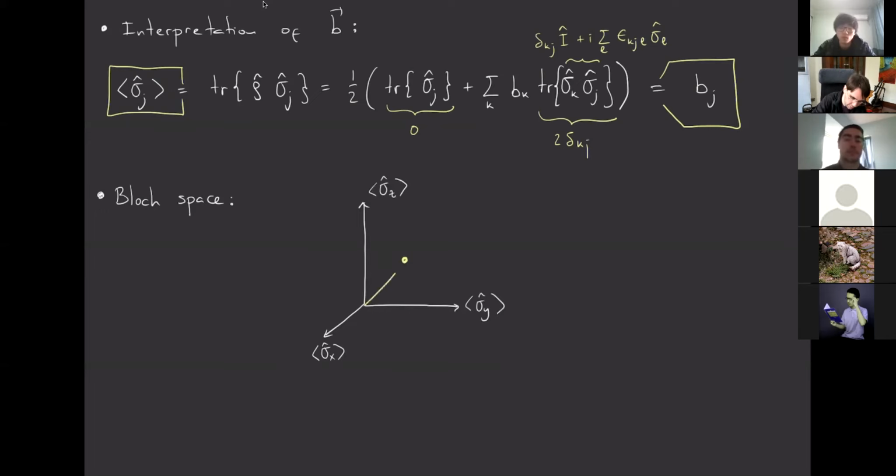In particular, this B is exactly that vector, and it gives you what is the state. And in particular, this state will have some components, Bx, By, and Bz.